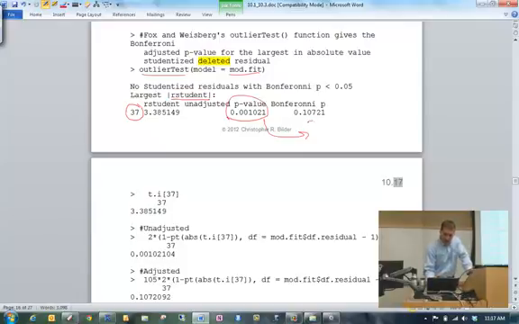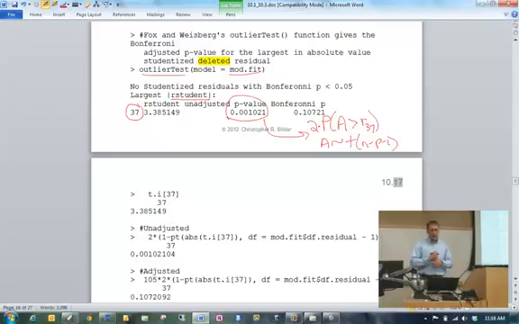So all it's doing is calculating a regular old p-value, like for a t-test: 2 times the probability that, let's say, a random variable A is greater than, in this case, R37, where A is distributed t-distribution with n minus p minus 1 degrees of freedom. That's all it's doing. And it gets 2 times the probability of 0.001.